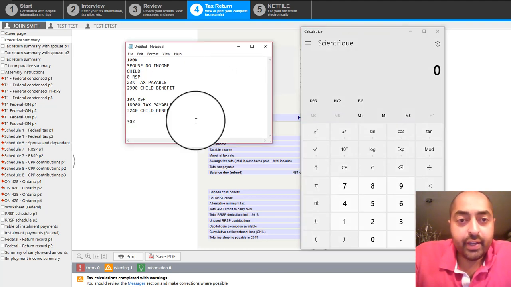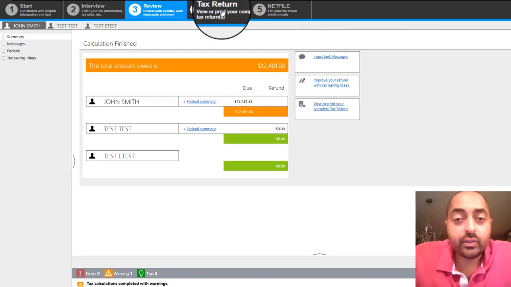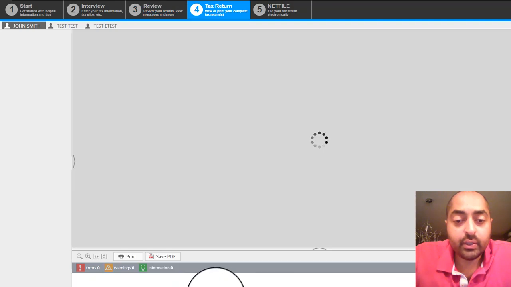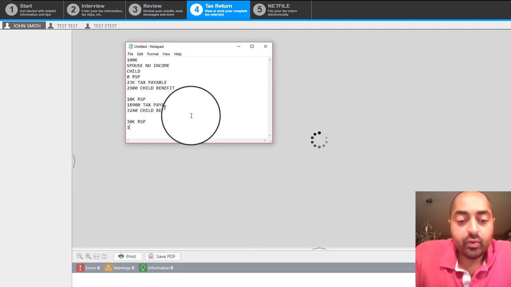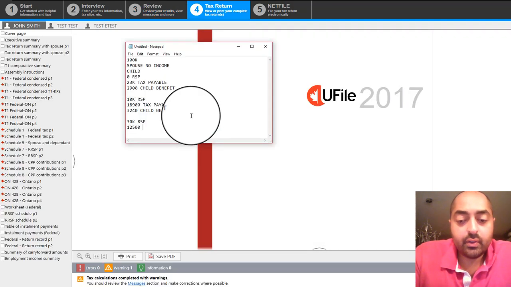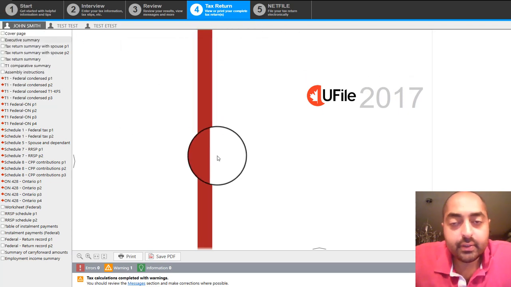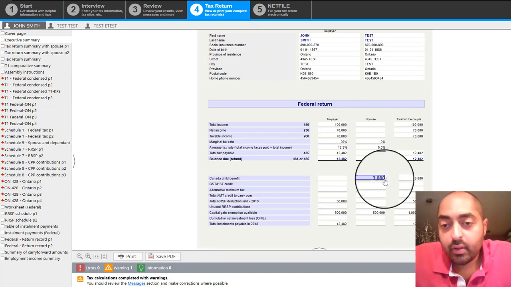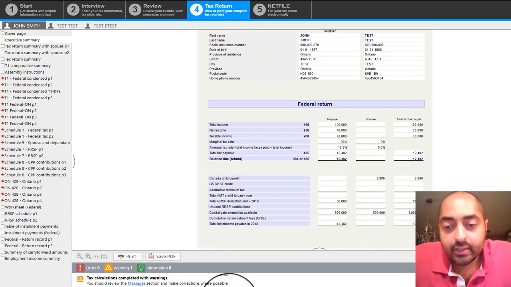Let's see with 30K RSP what's going to happen. So he's only going to pay 12,481, so 12,500 tax payable. Let's look at the child benefit and GST if possible. So 3,880 in child benefit.